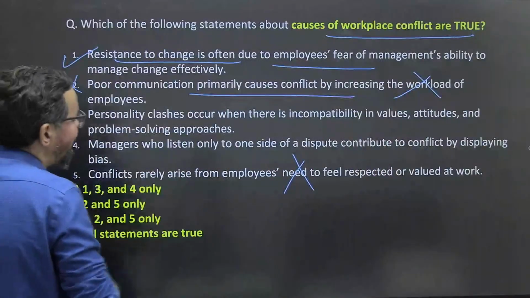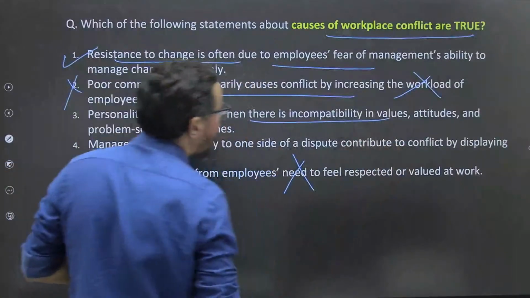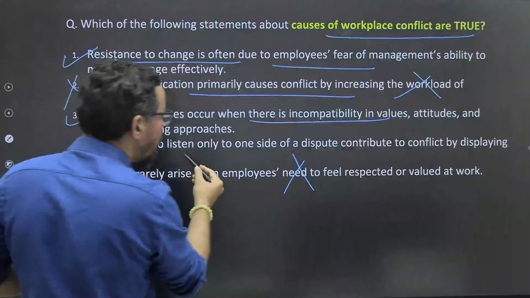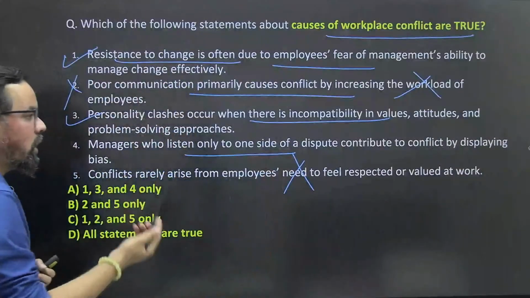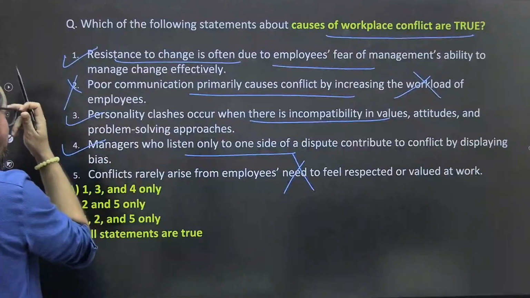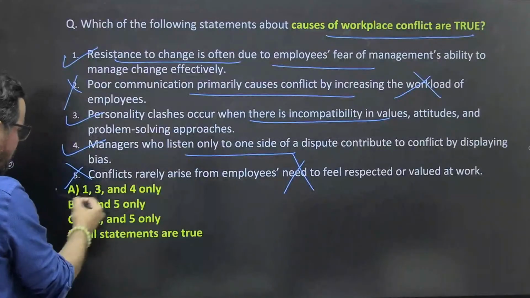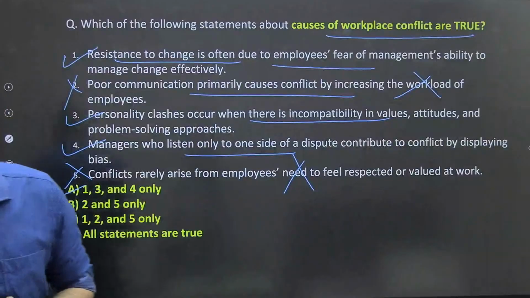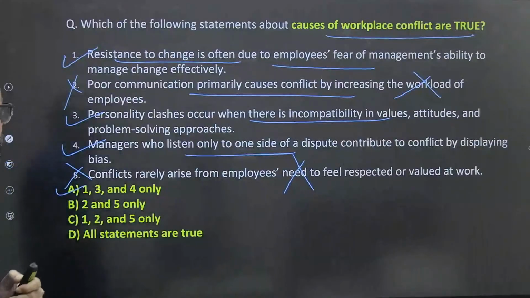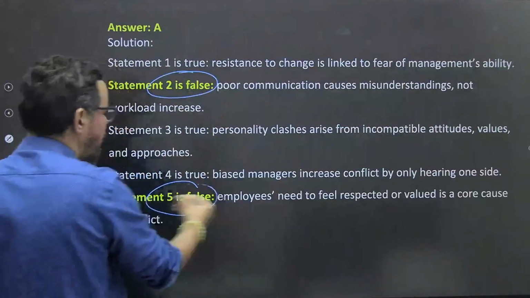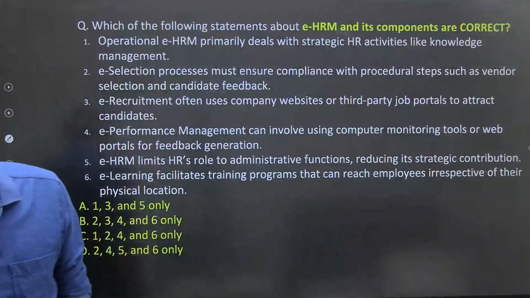Personality clashes occur when there is incompatibility in values, 100% true. Managers who listen to only one side of the dispute contribute to bias, yes. So 1, 3 and 4, which means option A should be the right answer for this one, not D. Statement 2 is false and statement 5 is false, the remaining are correct. Let's move ahead.